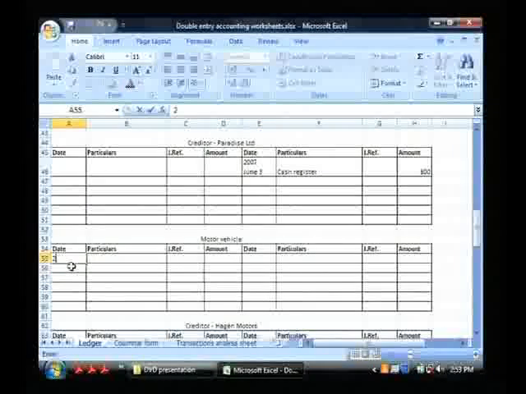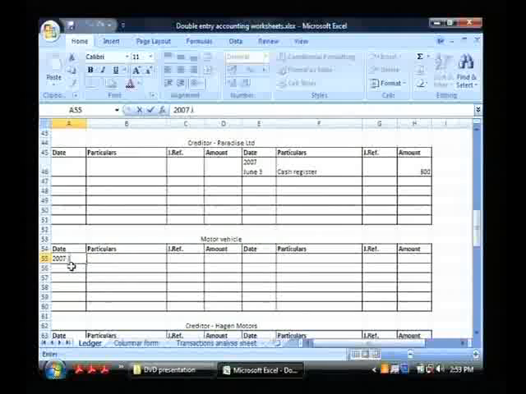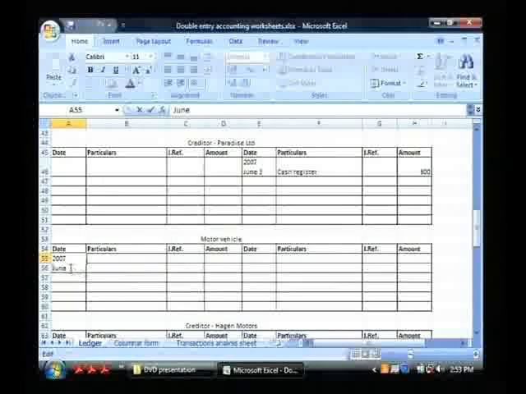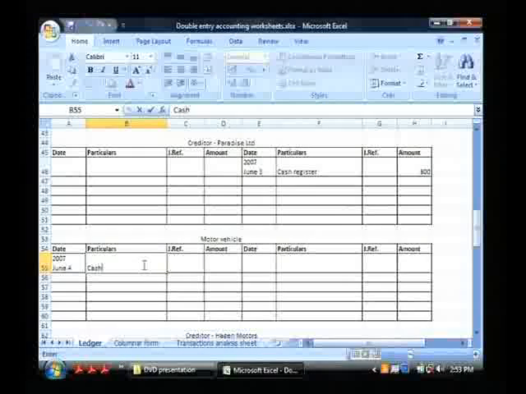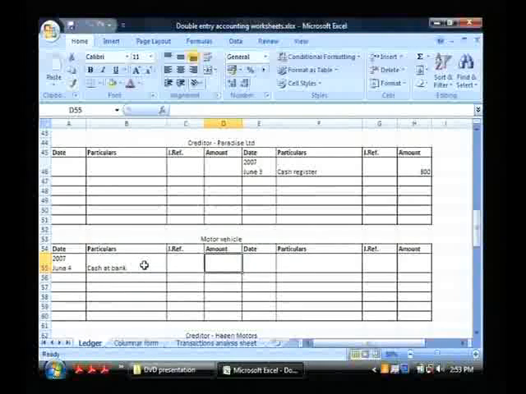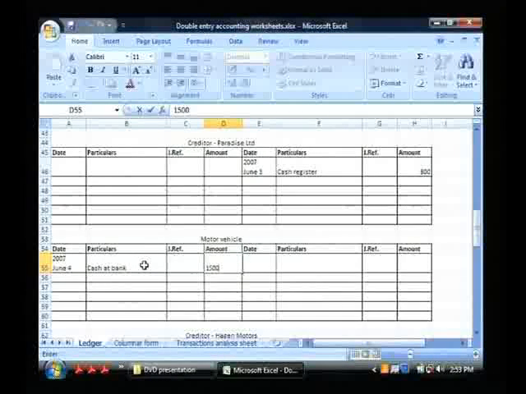Motor vehicle, 2007, June fourth, debit, cash at bank, we paid 1,500.